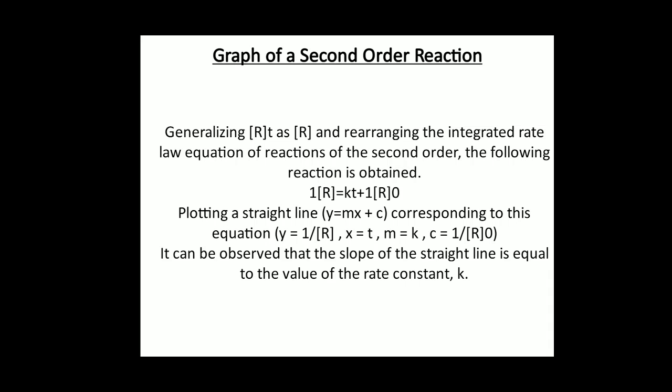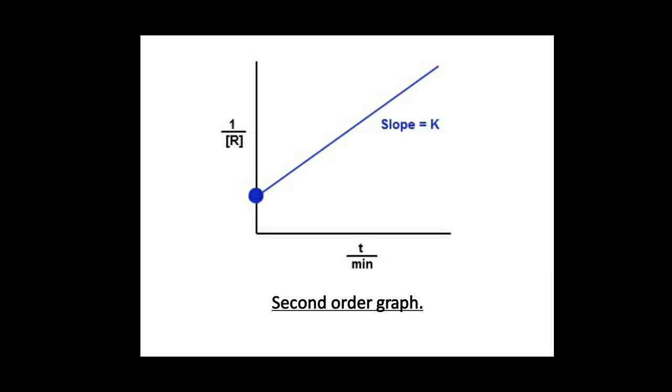Plotting a straight line, it must be similar to the straight line equation y = mx + c. Here y is equal to 1/[R], x is equal to t, m is equal to k, and c is equal to 1/[R]0. It can be observed that the slope of the straight line is equal to the value of the rate constant k.